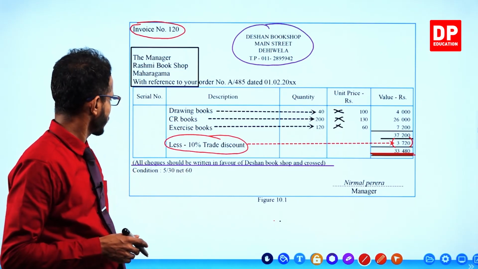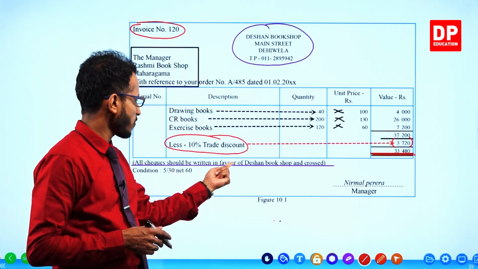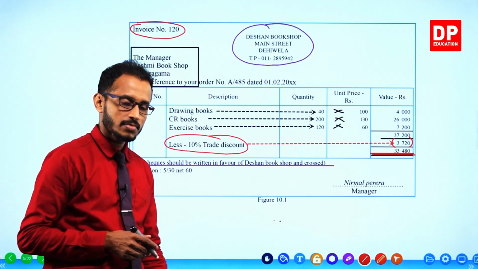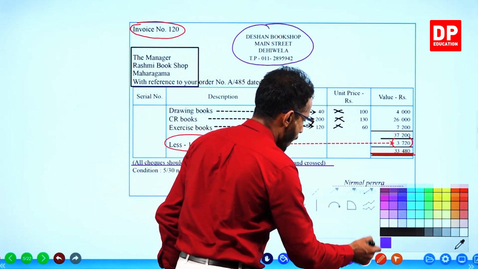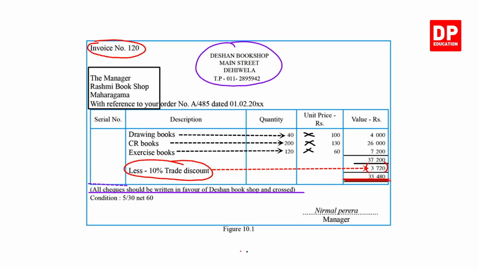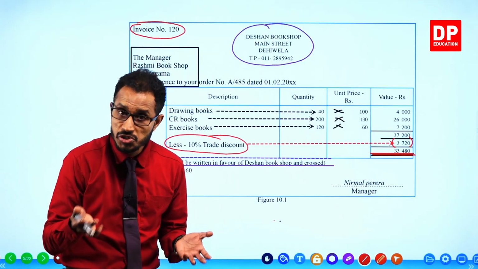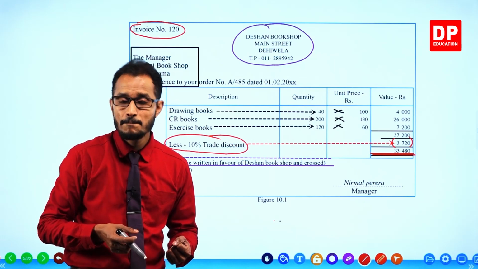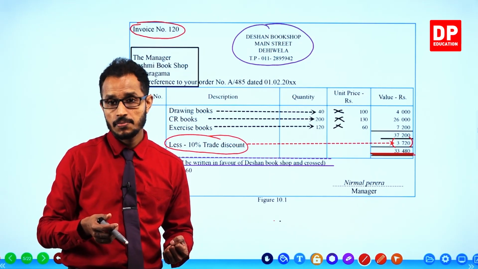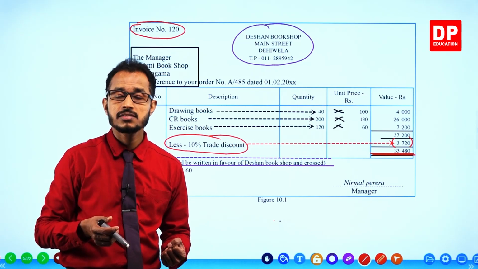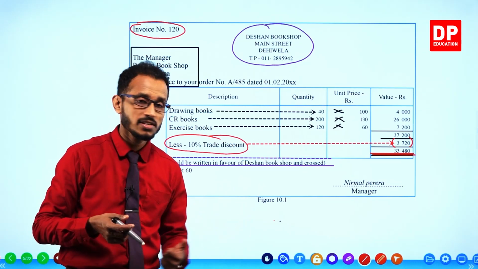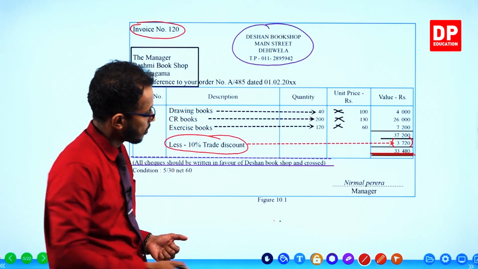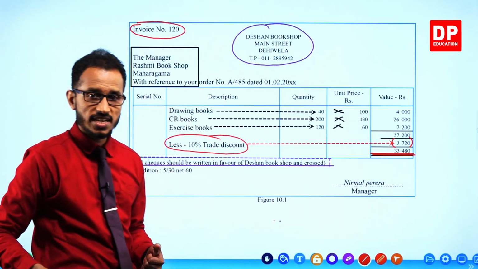All checks should be written in favor of Deshan Bookshop and crossed. Deshan Bookshop is expecting the payment by check, and if the amount is paid by check, it should be crossed. That is the meaning of this sentence, isn't it?